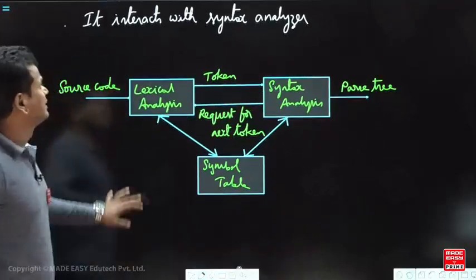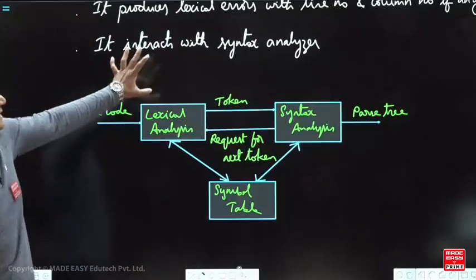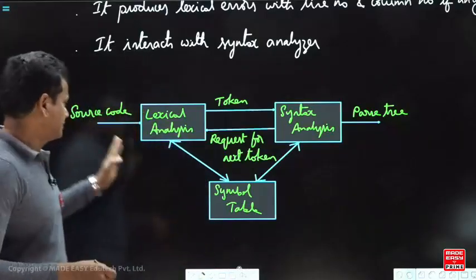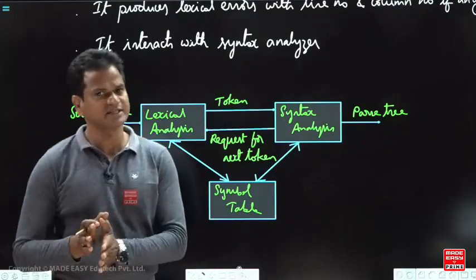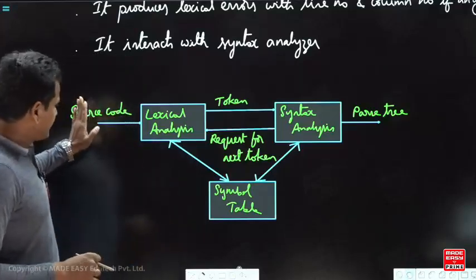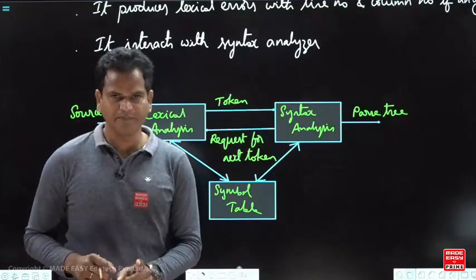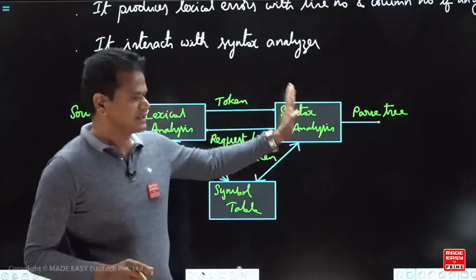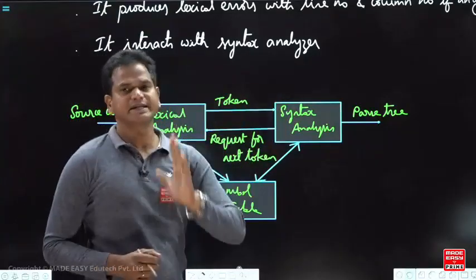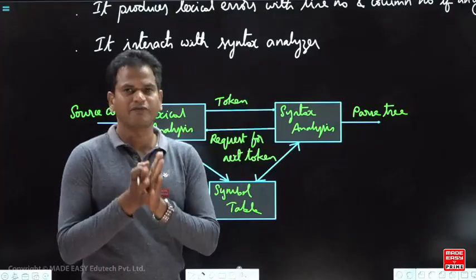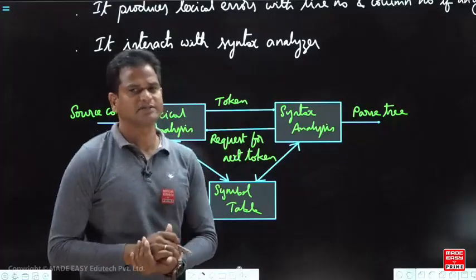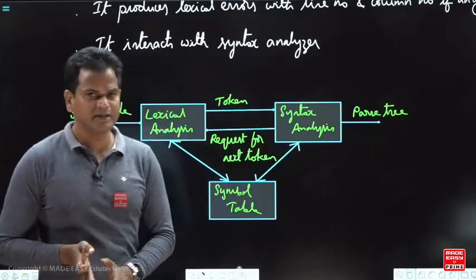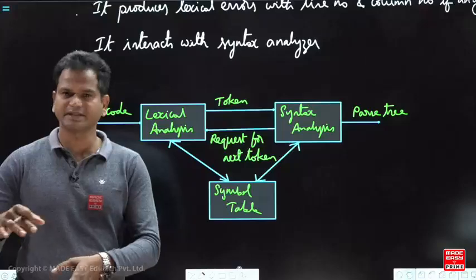Now, it interacts with the syntax analyzer. Whatever source code is given to the lexical analyzer, it is the first phase of the compiler. It scans every character of the source code and produces the token. The token will be given to the syntax analyzer. The syntax analyzer will check the syntax of the statement according to the rules of the grammar, context free grammar, which we will discuss later.